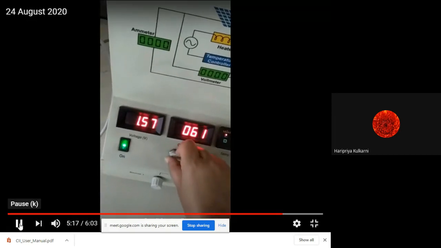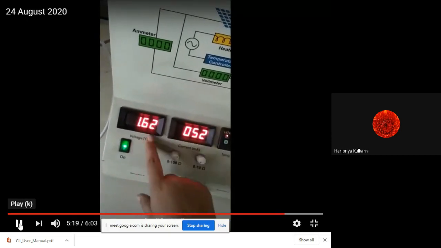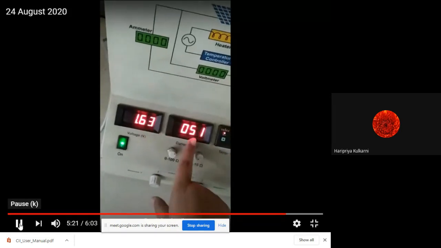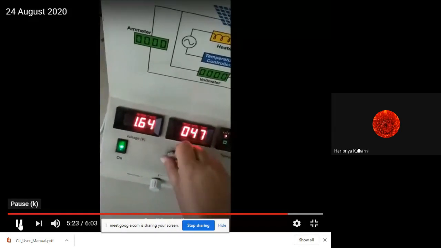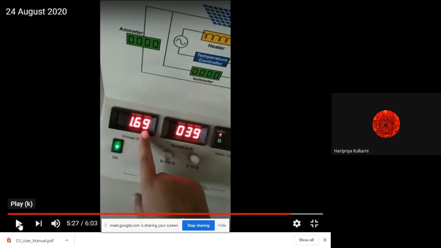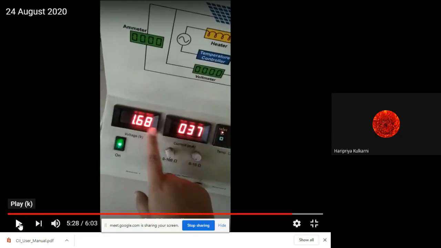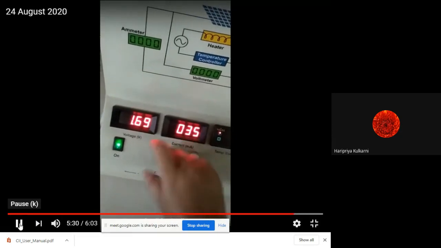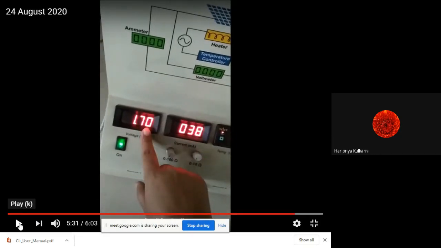Okay, now taking the next reading: 1.62 volt, 52 milliampere. Next reading: 1.7 volt, 38 milliampere.